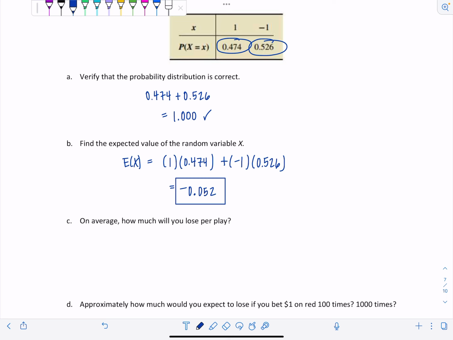Well, that's what the expectation tells us. It tells us on average, you're losing 5.2 cents. On average, every time you play the game, that's how much you're going to lose.